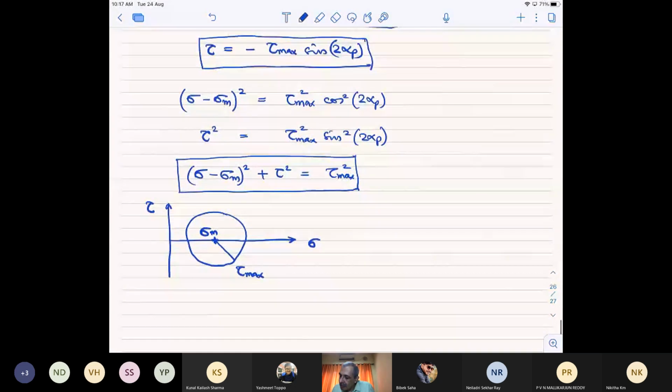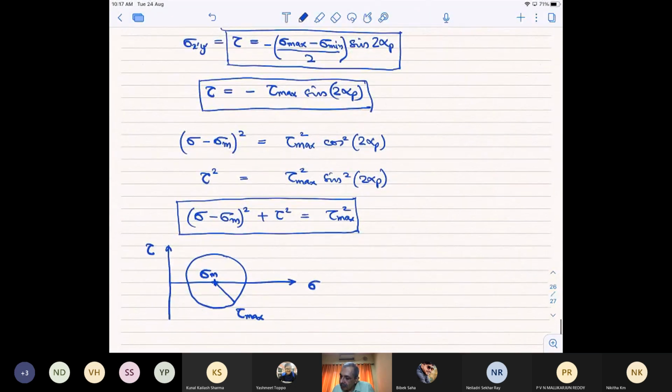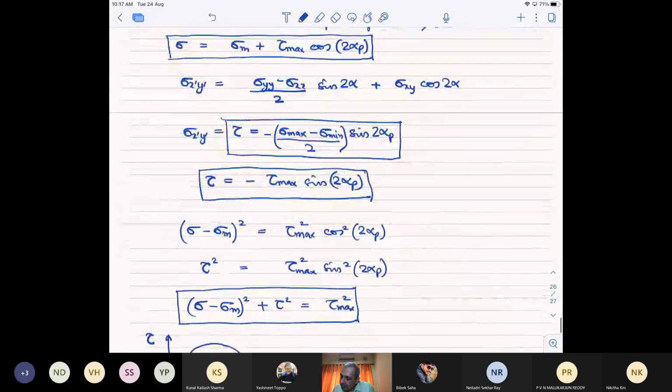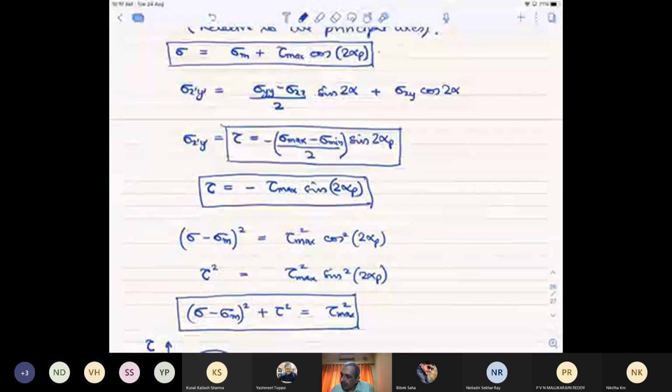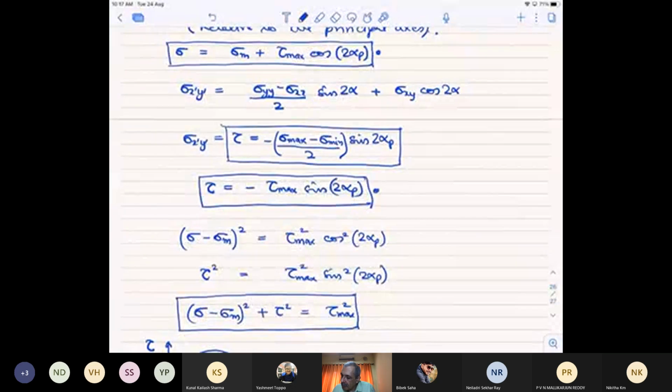Now, if we go back to these equations, you can see that sigma minus sigma m is just tau max cos of 2 alpha p, and tau is equal to minus tau max into sine of 2 alpha p.